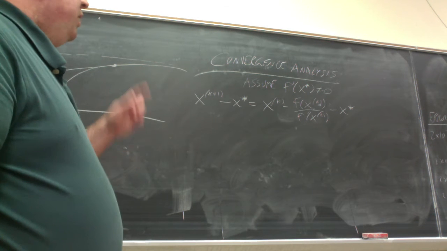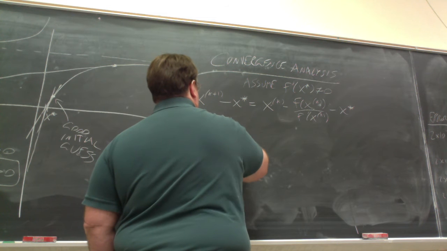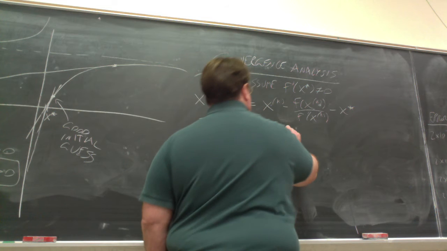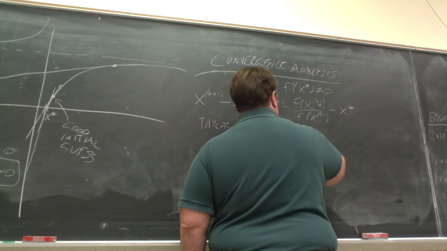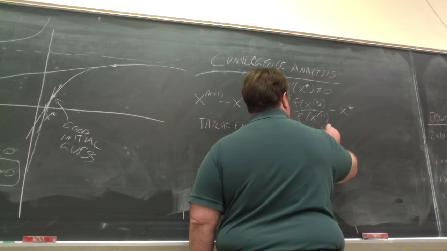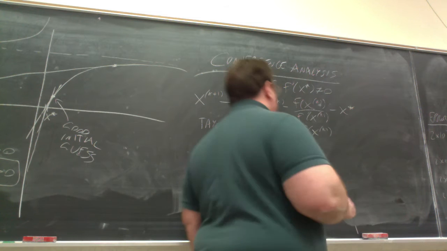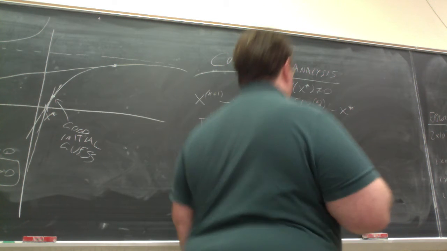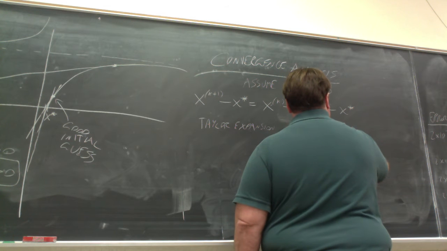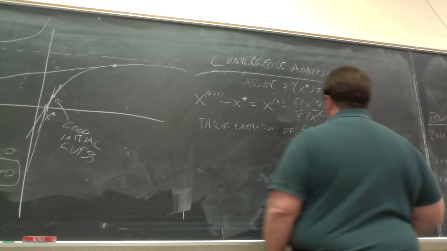Now, what I'll do is a Taylor expansion of this part right here, f of x_k, around, actually, no, I don't want to do that. f of x star using my center x_k.